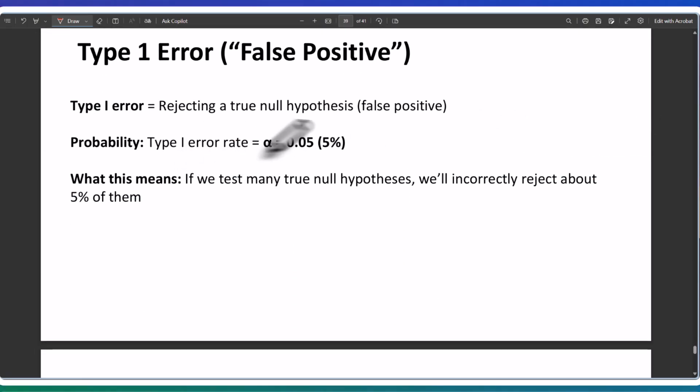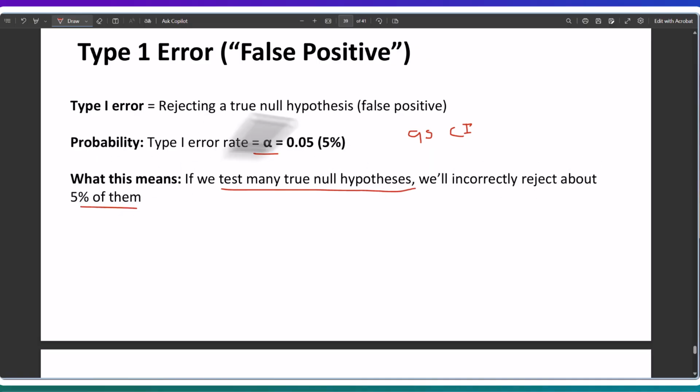So we call this 1 out of 20 this 5%. Again, that 5% is because we're using 95% confidence intervals, or a threshold value that would relate to a 95% interval in our reference distribution. It just means if we test many true null hypotheses, we will incorrectly reject about 5% of them.